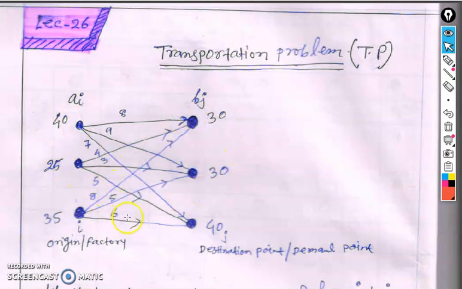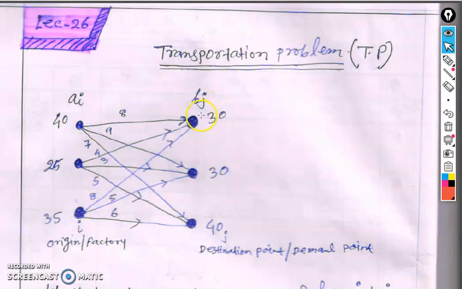In this diagram, if we consider the first factory, the production is 40 units, and this one represents the second factory, where the total production is 25 units, and this represents the third factory, where the production is 35 units.